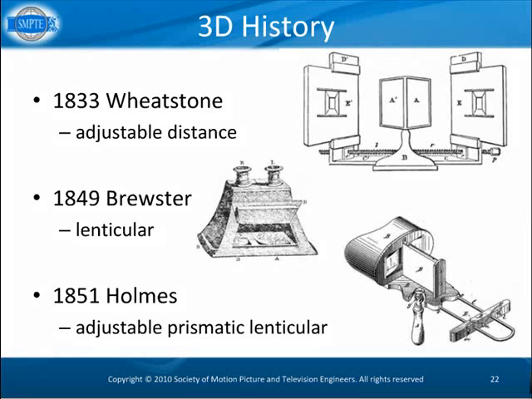Then in 1849, another British physicist, David Brewster, came up with a lenticular system using lenses for looking at side-by-side images, and that was refined a little bit in the Holmes stereoscope, which is down at the bottom, created by Oliver Wendell Holmes, which had adjustable prismatic lenticular optics.